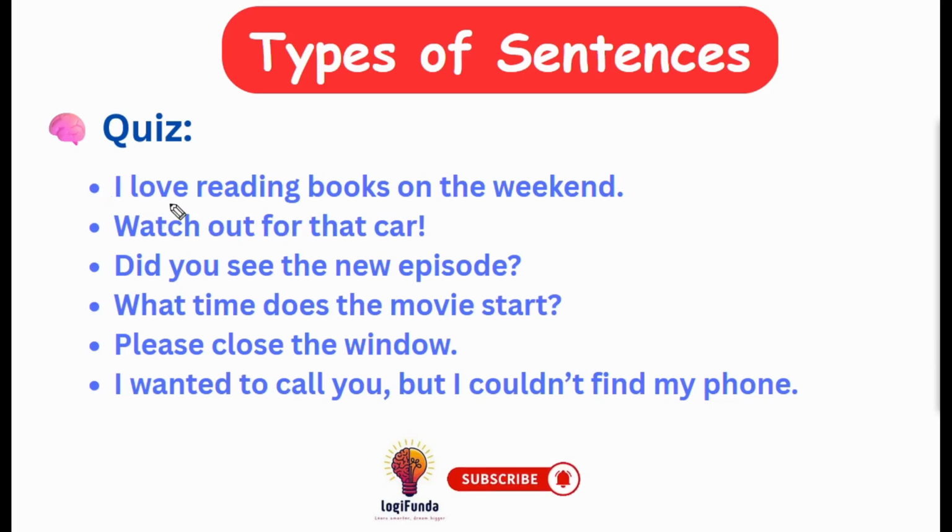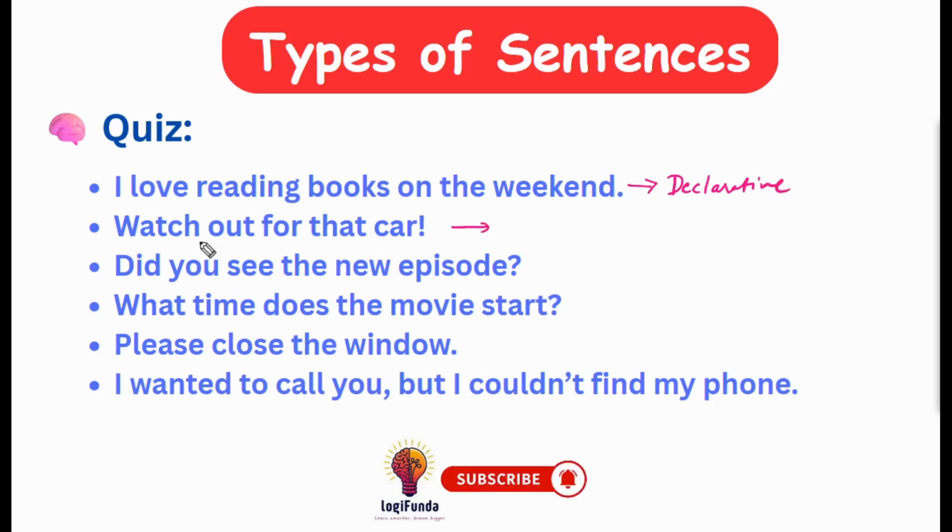So first one we have, I love reading books on the weekend. What is this? This is a simple statement, right? So when you make a statement, what type of sentence is this? This is a declarative sentence. Okay.